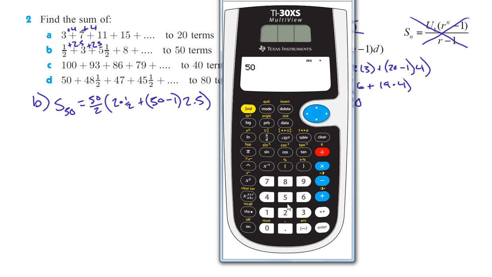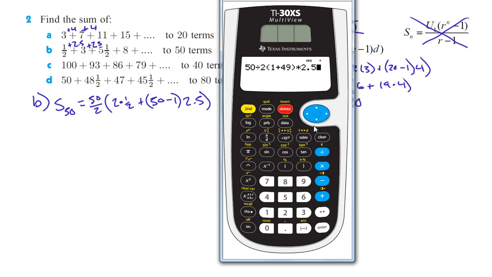50 divided by 2, all times 2 times a half is just 1, so I'm just going to do 1 plus 50 minus 1 is 49, just to save myself a little bit of time, times 2.5, close. Oops, we got too many parentheses there.